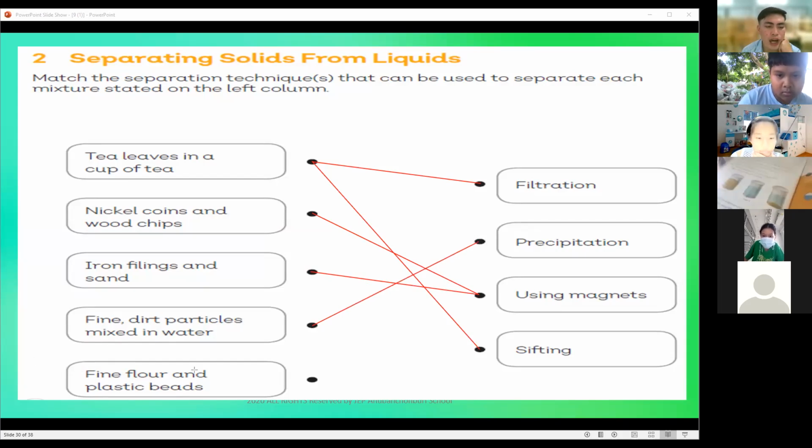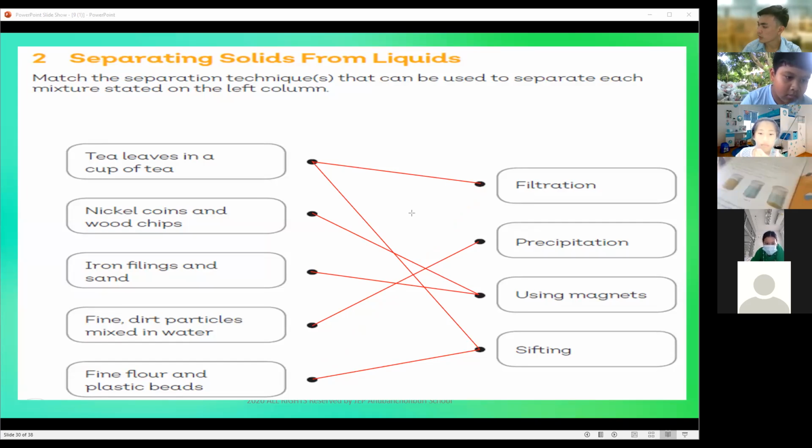What about fine flour and plastic beads? Sifting. Very good. Can we do filtration? What do you think? Maybe.